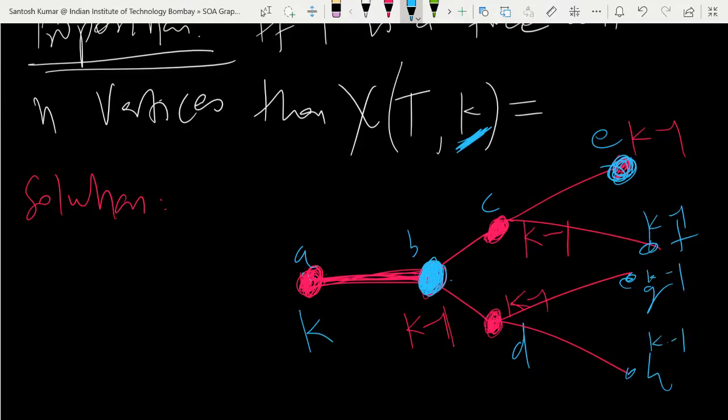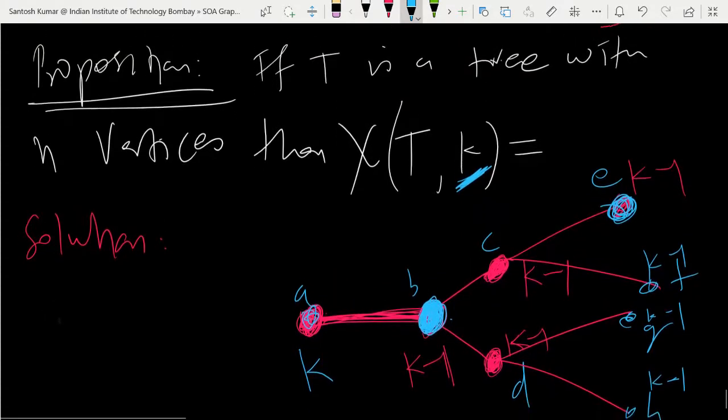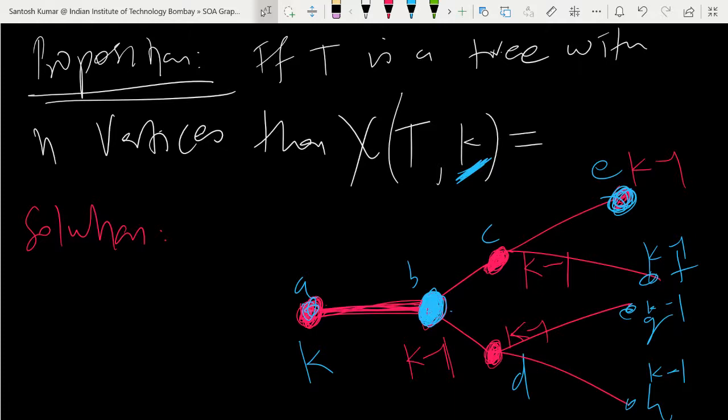At each vertex you have k minus 1 choices except the one you started. The one where you started you had k choices, and any other vertex in a tree will always have k minus 1 choices of colors, because there will not be any other adjacent vertex to this in a tree.